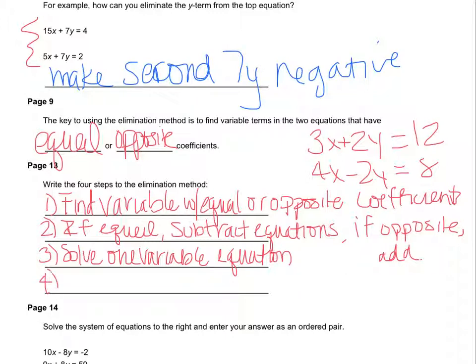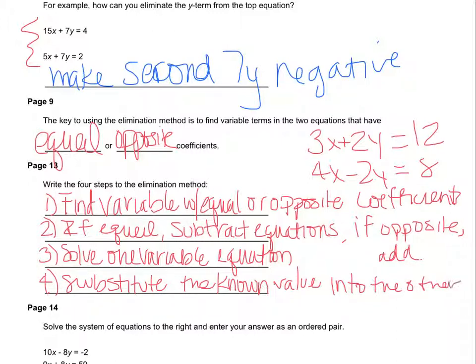And the fourth step is to substitute the known value into the other equation and solve for the remaining variable.